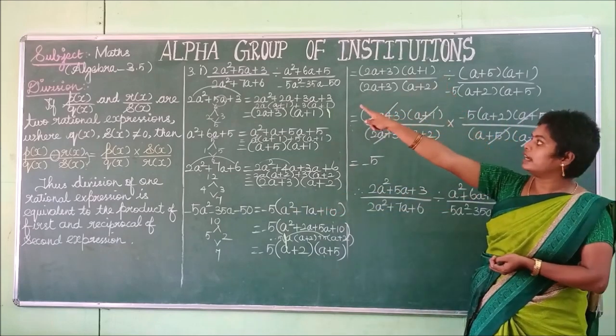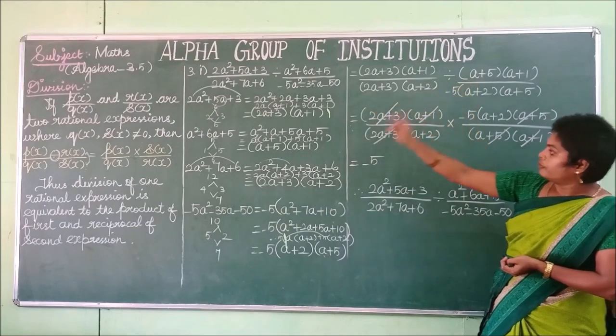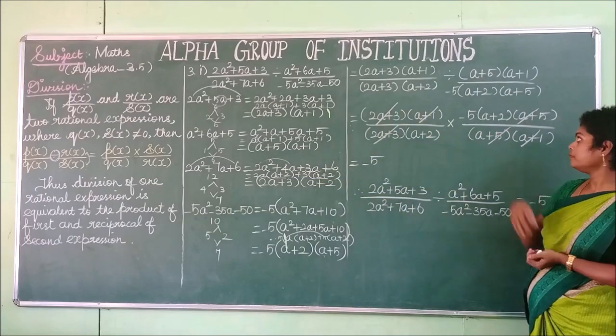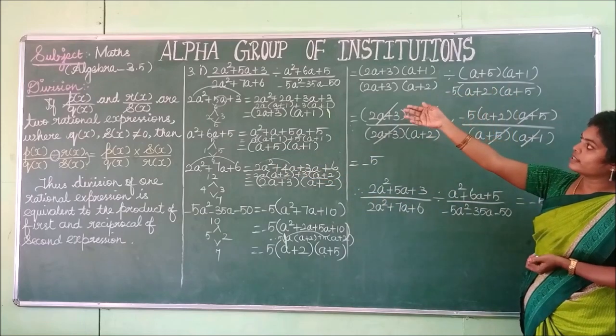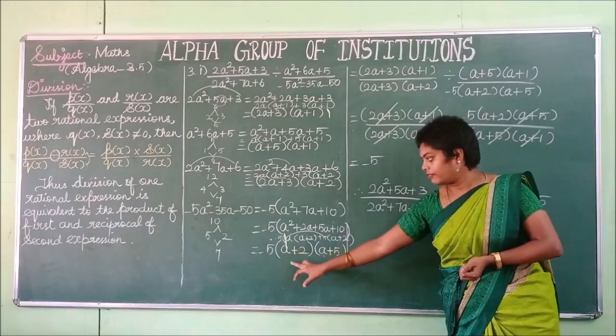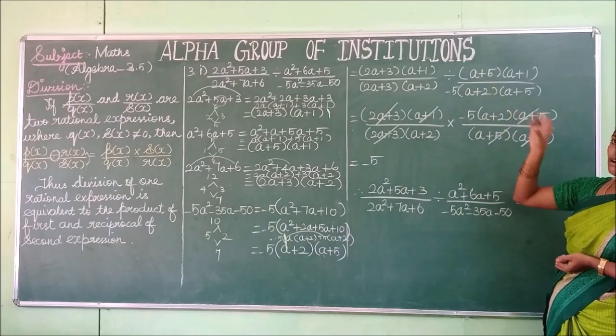Divide, what is the other term? a squared plus 6a plus 5. Factors for that: a plus 5 into a plus 1. Divide, minus 5a squared minus 35a minus 50, which is equal to minus 5 into a plus 2 into a plus 5. You substitute all the values.